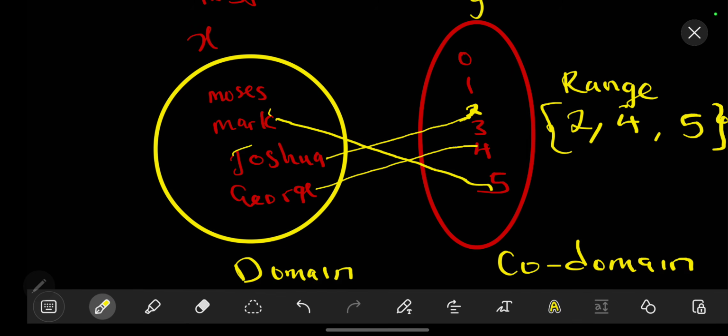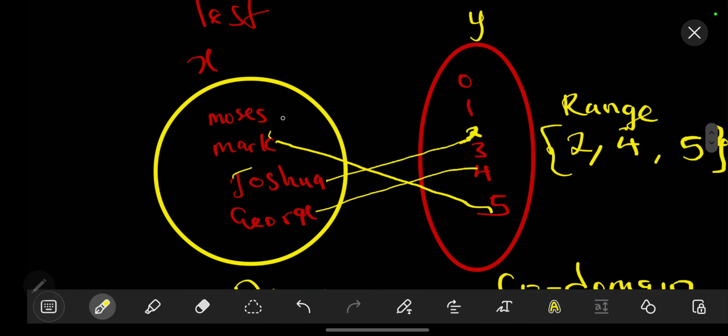You can just use logic: as long as someone writes the test, we expect them to have a mark as long as that paper was marked. If not, it's not a function, because in a function each input must have an output. But it is okay for a certain output to not have something bonded to it, because there is a possibility that no one would get a 0 for that test.